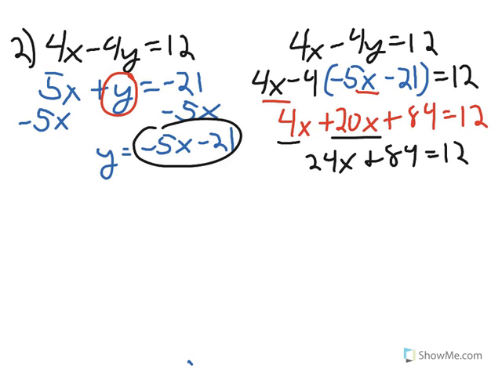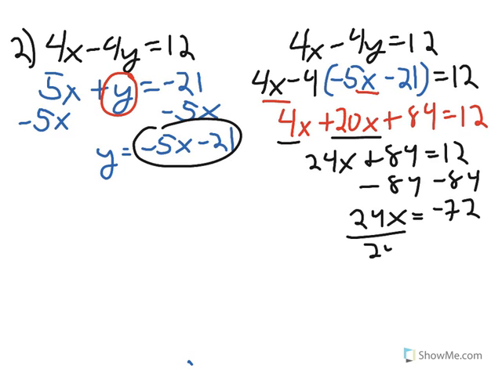I'm going to solve for x, subtract 84 on both sides. 24x equals negative 72. I divide both sides by 24, and I get x equals negative 72 divided by 24 is going to be a negative 3.